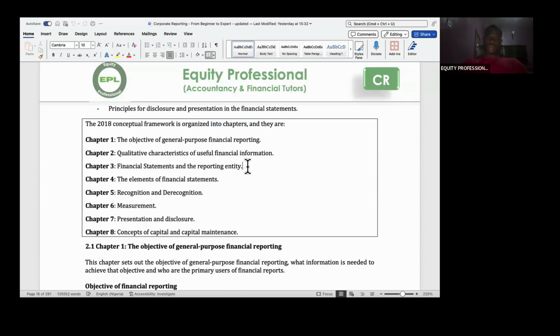Chapter 4 talks about the elements of financial statements. Chapter 5 talks about recognition and derecognition. Chapter 6 talks about measurement. Chapter 7 talks about presentation and disclosure. Chapter 8 talks about concept of capital and capital maintenance. So as soon as we are done with these 8 set of principles, then I can assure you we are done for this class tonight.